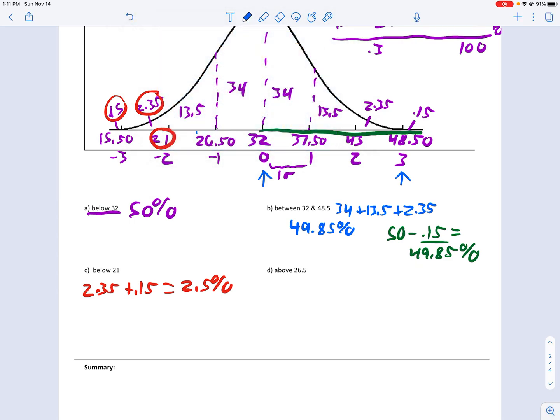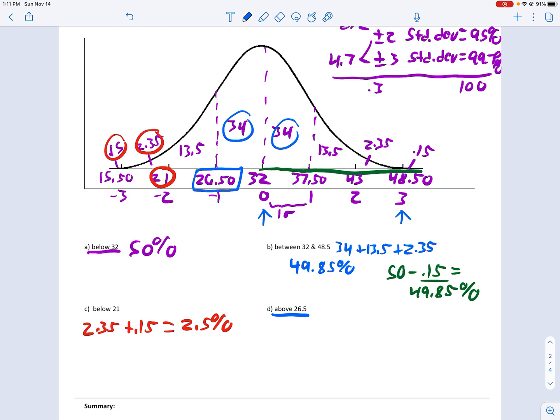And then below 26.5, so here's 26.5. Sorry, not below, above. So above 26.5, that would be all of these 5 numbers. Or like we did before, I know from 32 on, that's 50% of the data.